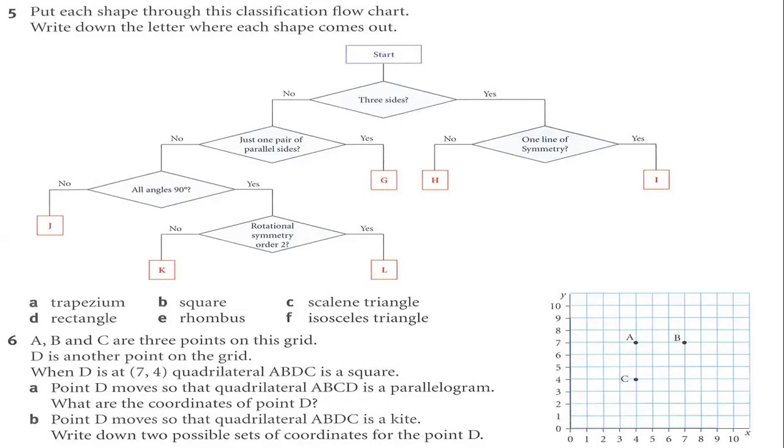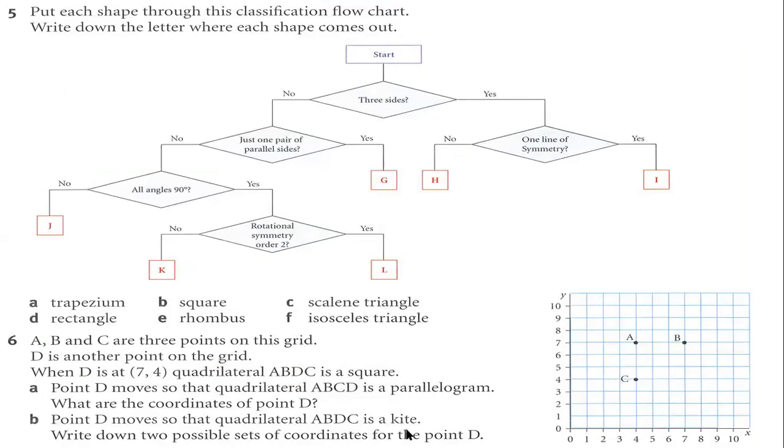Now he already mentioned 7 and 4 as the coordinates. Okay, so the point D moves so that ABCD is a parallelogram. If he's moving D, it will be a parallelogram. So how will he make a parallelogram? What is the coordinate 1 and 4? So where is 1 and 4? 1 and 4. So if you put it here, you will make a parallelogram.